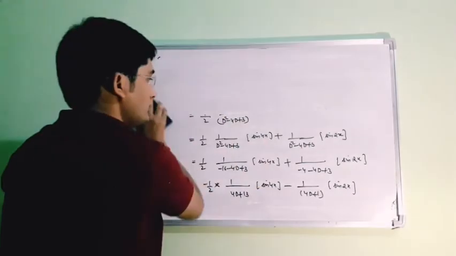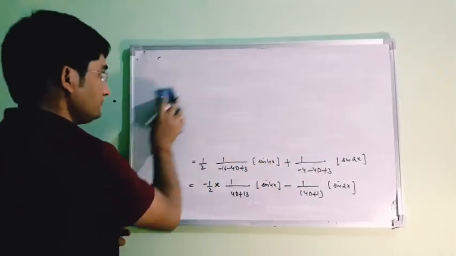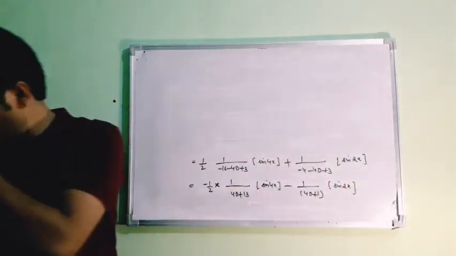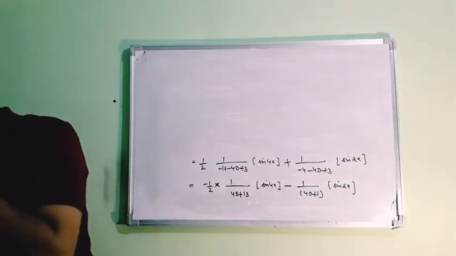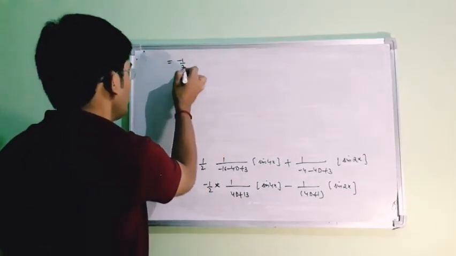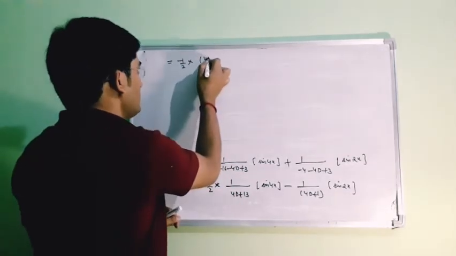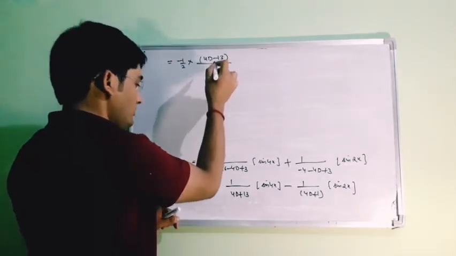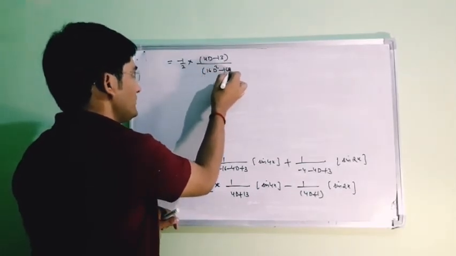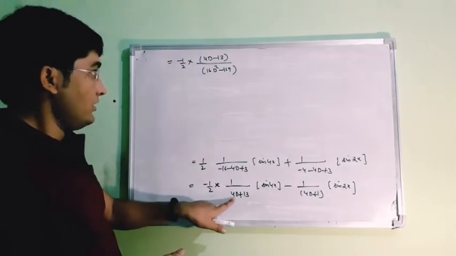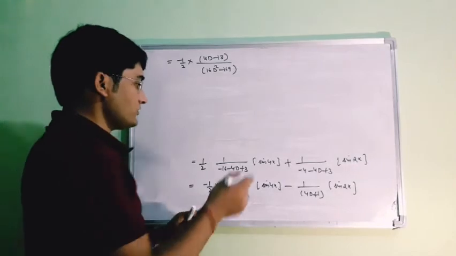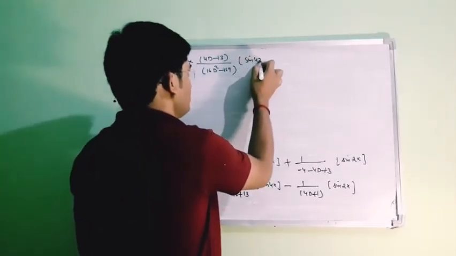So this will be equal to minus 1 by 2. If you multiply by the conjugate of this term, then this will be 4D minus 13 and here we will have 16D square minus 169. In the numerator we will have 4D minus 13, and in the denominator we will have 16D square minus 169, and in the bracket we have sine 4x.